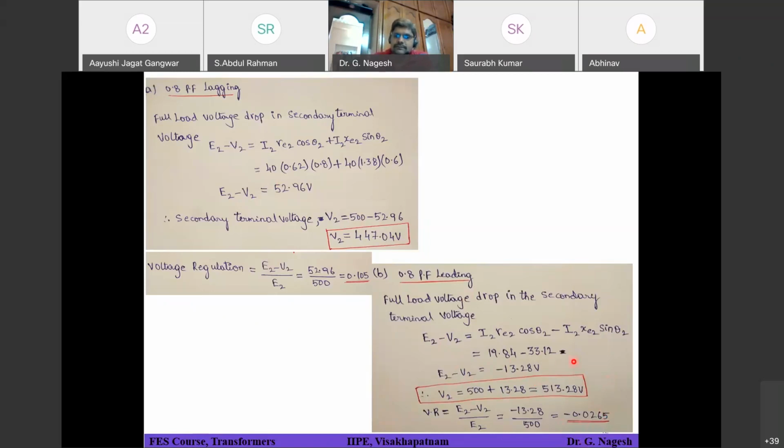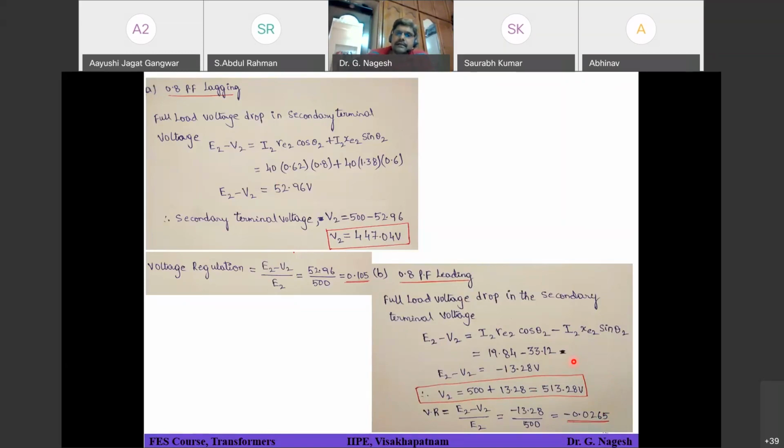This is possible if you have a capacitive load connected, then you will have a value more than 500. So this is how you calculate the voltage regulation for lagging and leading reactive power loads.